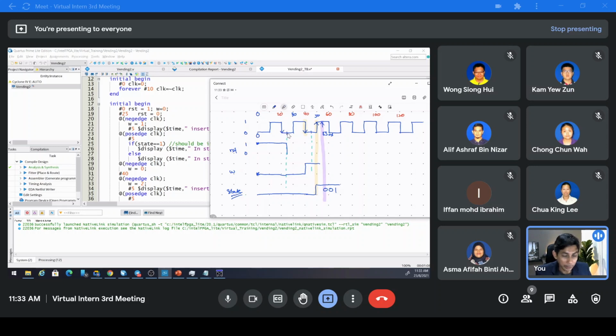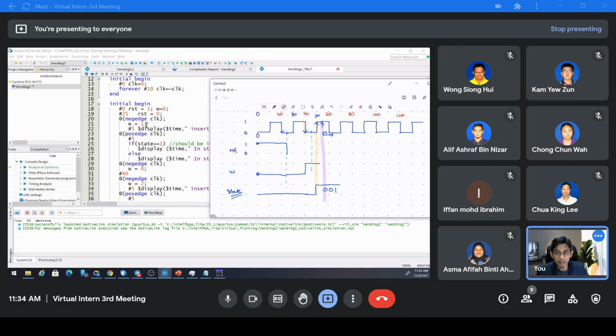We need to imagine, we need to look at the timeline. We are at 25, and at the next negative edge we want to do something. This should be at 40 nanoseconds, and we force W equal to 1, which means we insert 10 cents, exactly here.